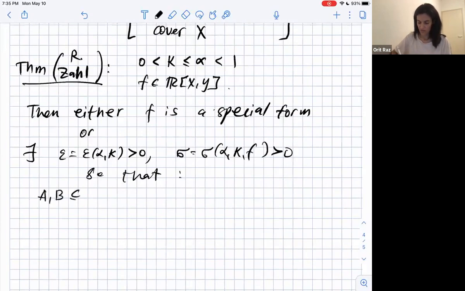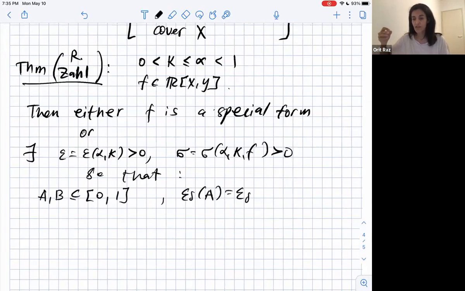So we have 2 sets contained in the interval [0, 1]. And we know that their delta covering is delta to the minus alpha. So if delta is 1 over n, then we have here something with n to the power of alpha intervals.